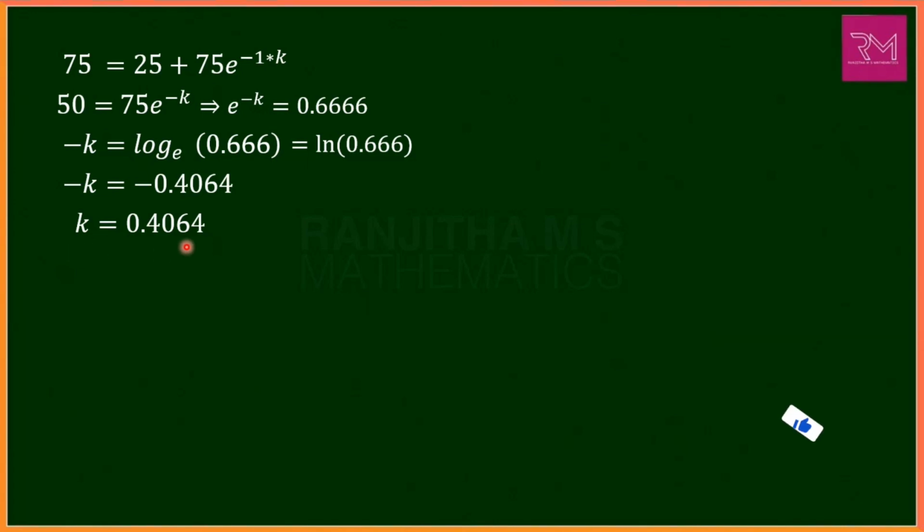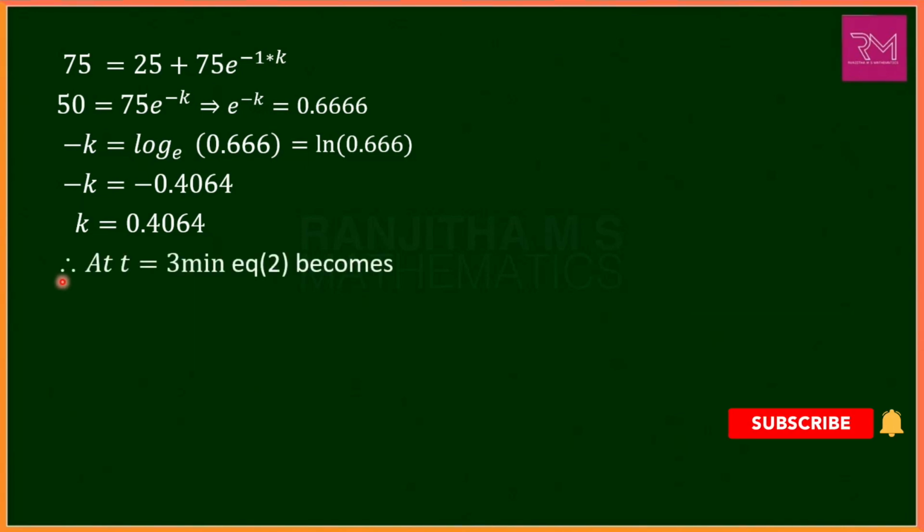Once you obtain the lambda value and K value, equation 2 becomes, at the time t equal to 3 minutes, T is equal to T0 which is 25 plus lambda which is 75 times e to the power minus 0.4064 times 3. Here the K value is positive, and in equation 2 we have e to the power minus K, hence minus 0.4064 times t, where t is 3 minutes.